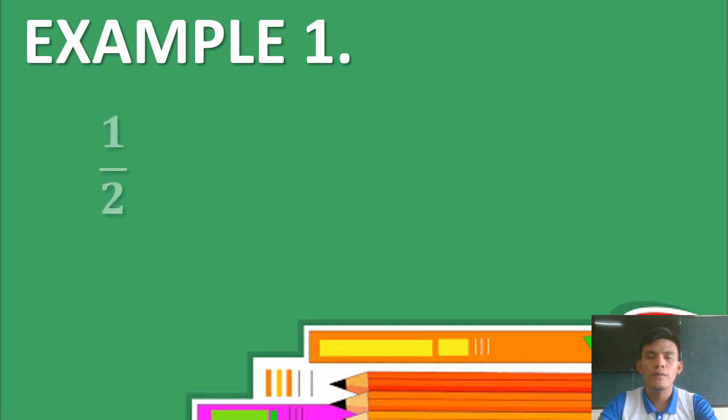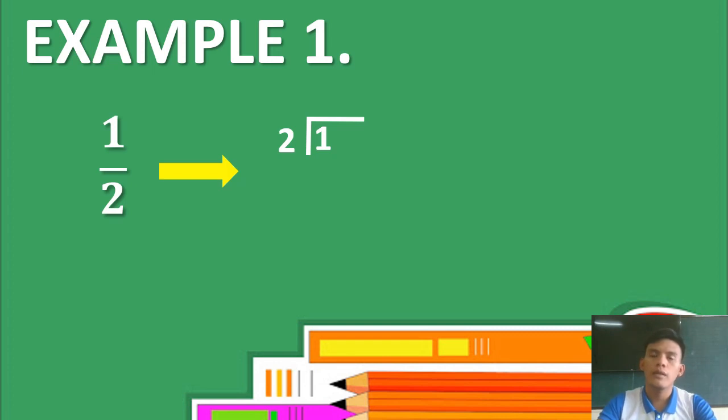The given is 1 over 2. The numerator will be put inside and the denominator outside. 1 divided by 2.